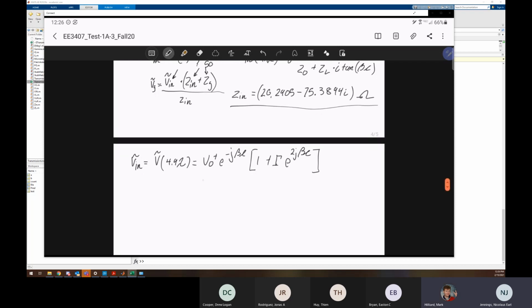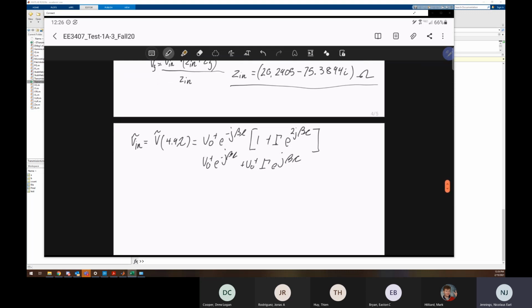Or another way to write this is V naught plus e to the minus j beta L, times 1 plus V naught plus gamma e to the plus j beta L. We know beta, we know L, we know V naught plus. Super simple to solve. I can trust you guys are familiar with this formula.